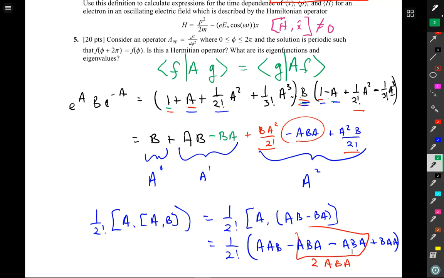And when you check to see if it's true, just like how did we do the example where we had d/dx? When we were checking to see what its Hermitian conjugate was, what did we have to do?